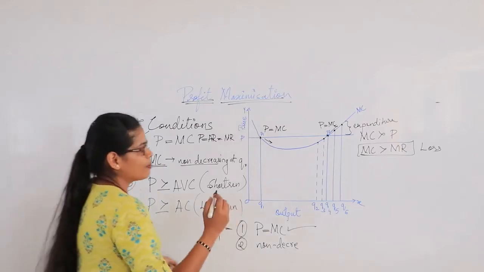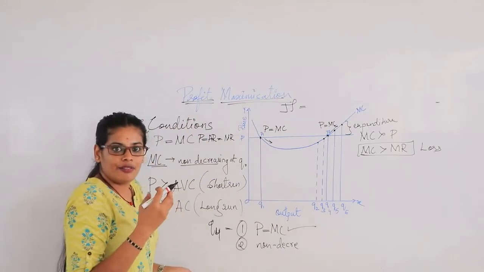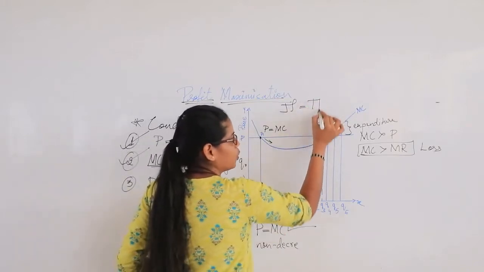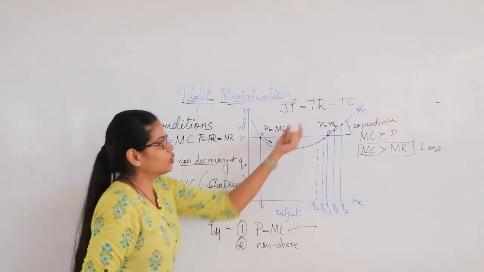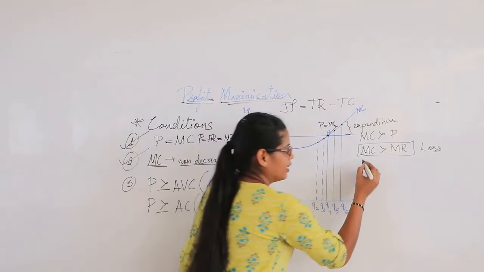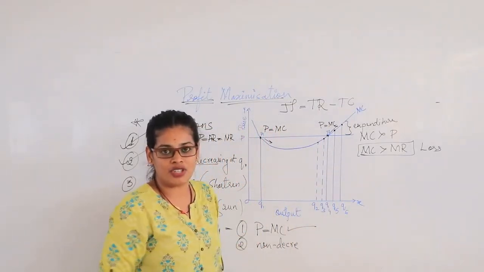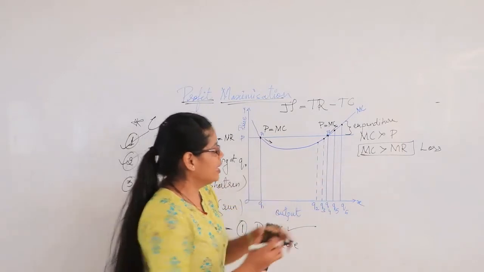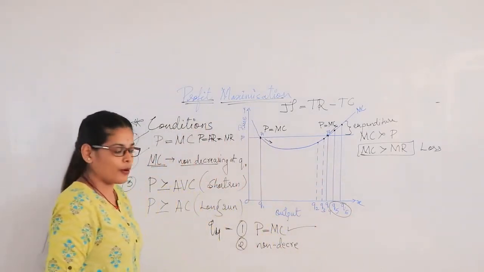Because the profit formula talks about total revenue minus total cost, so total revenue should be greater than total cost. But here the condition is reversed: the marginal cost is greater than the marginal revenue. That's the reason these two points are not fetching us the profit.